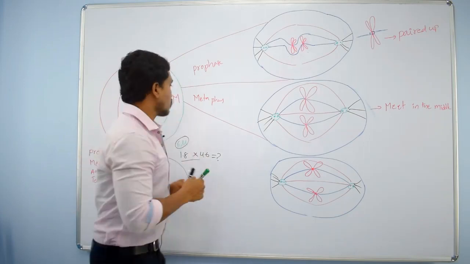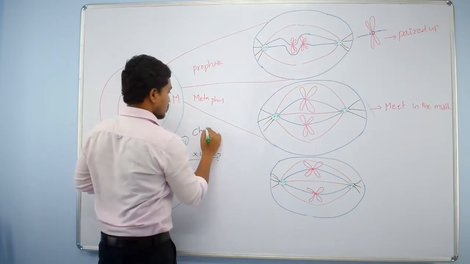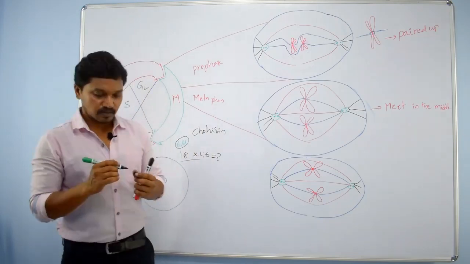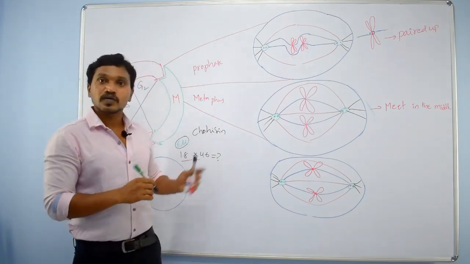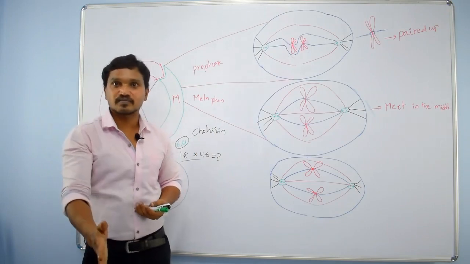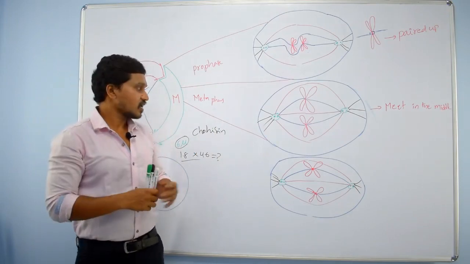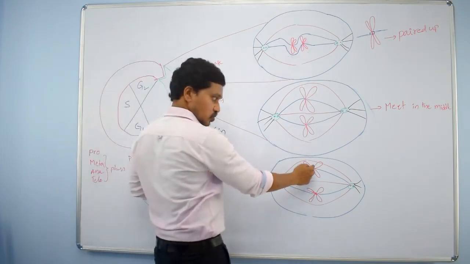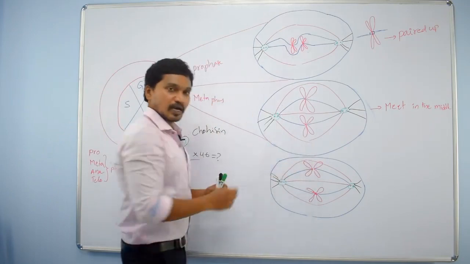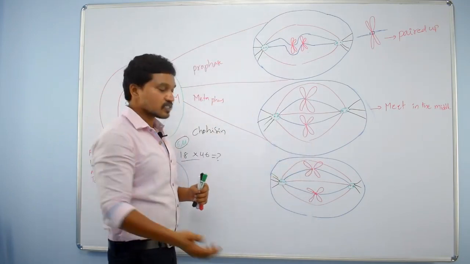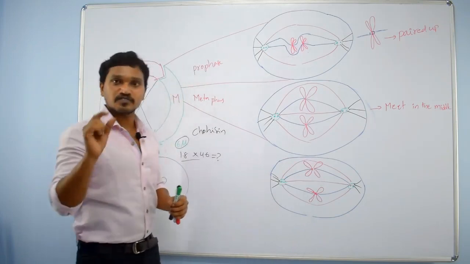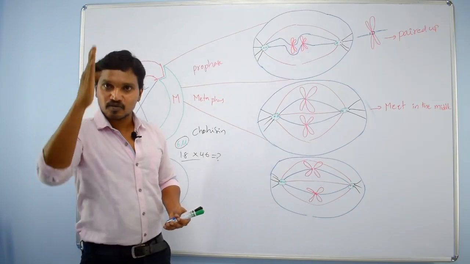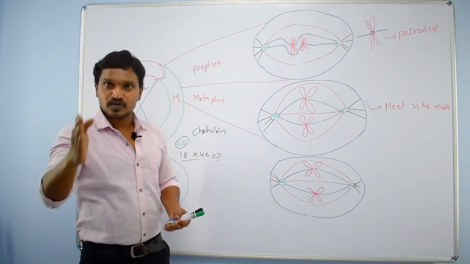What is it? Cohesin, right? So this cohesin splits longitudinally. Because of splitting of cohesin, these two chromatids separate. If you feel it's difficult, just remember splitting of centromere longitudinally.